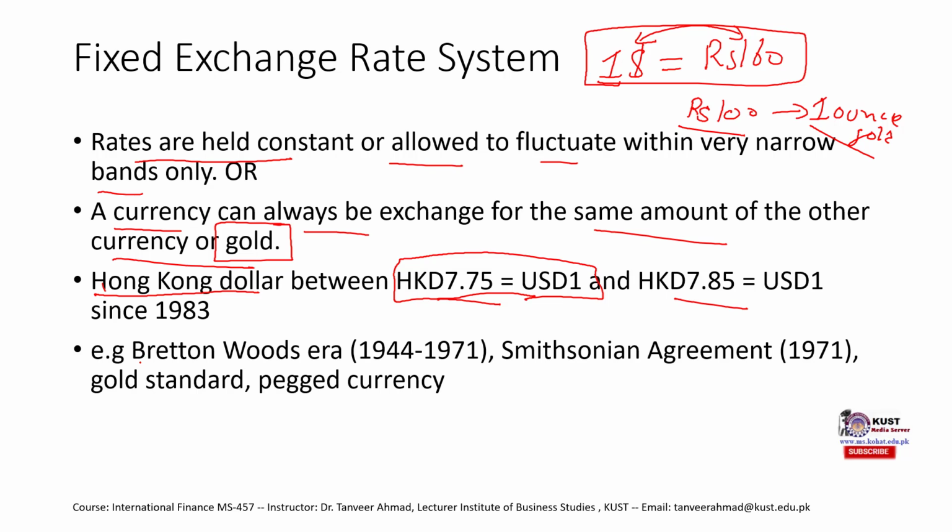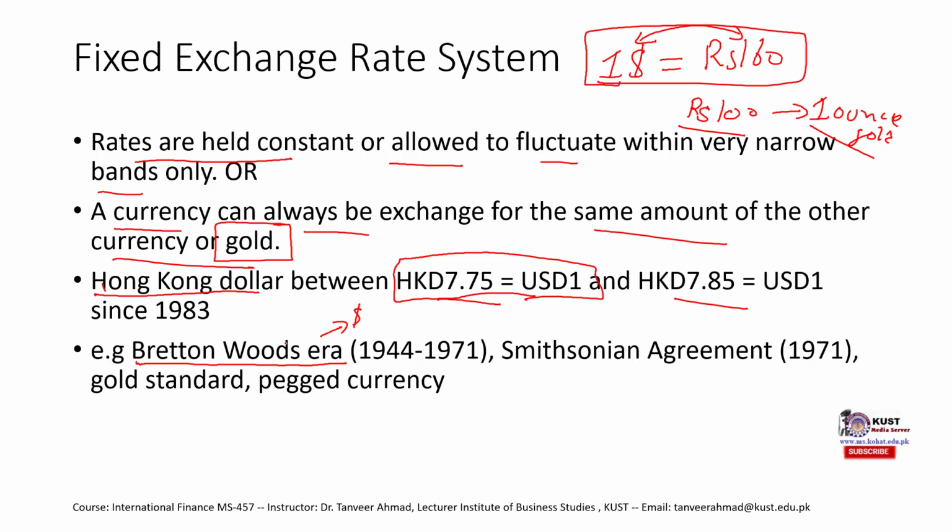Although these terminologies would be new for you, we would explore them later on in lectures. There was an agreement called the Bretton Woods Agreement, and this agreement fixed each currency's rate in terms of dollar.